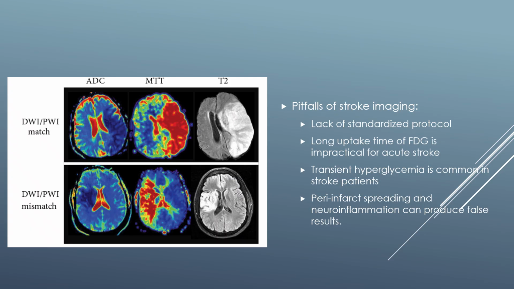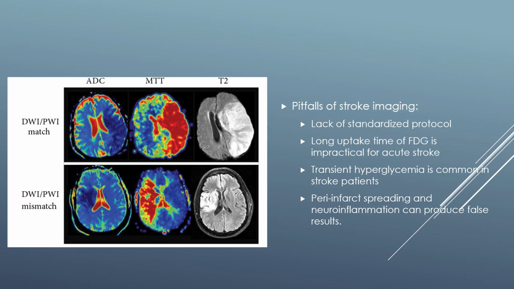That's over 2 hours that patient with a suspected acute stroke has been getting their FDG scan. It's really just not practical, especially when you could do an MRI much quicker, or you could do a CT in about 5 to 10 minutes. So that's something that has always held FDG back with stroke imaging.